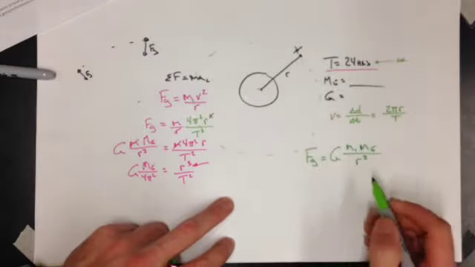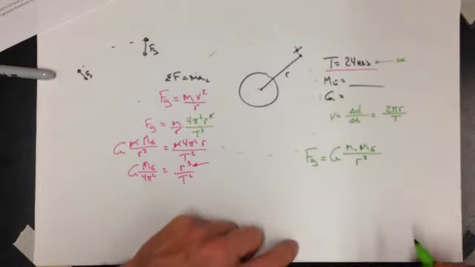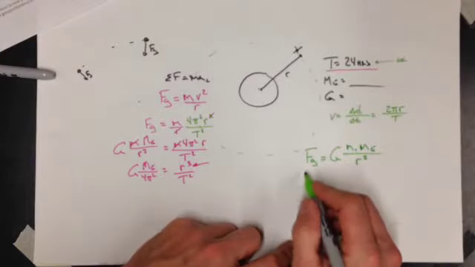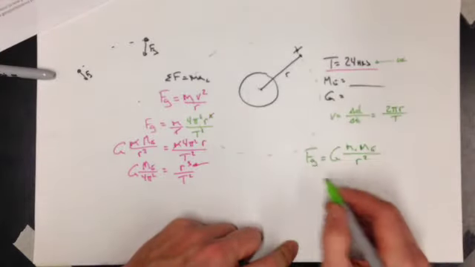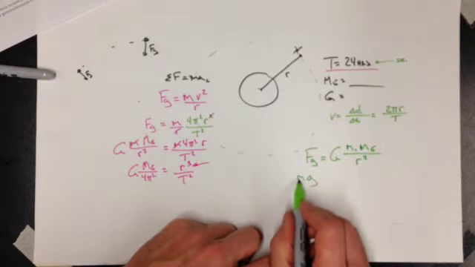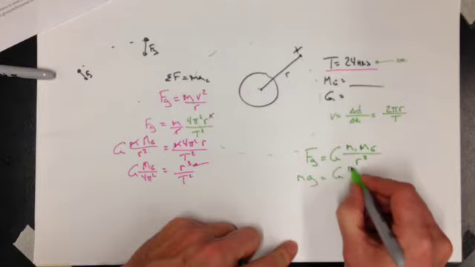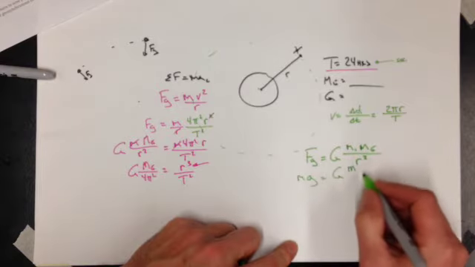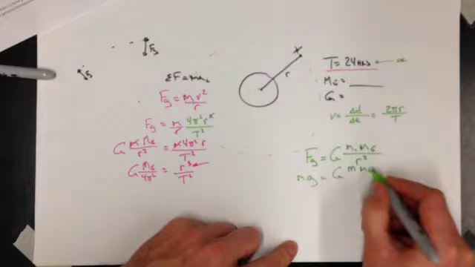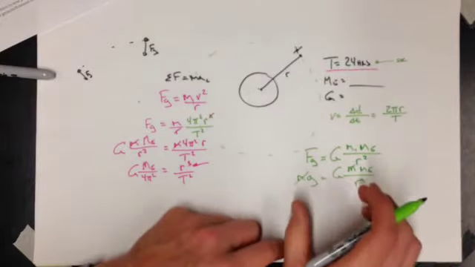I could call it d squared, but because I have been dealing with a circular path, it's easier to look at it in terms of radius. But it is the distance from center of mass to center of mass. So in this case I'm trying to find this g. So I have mg is then equal to G m of that object, M_E over r squared. It's independent of what that object is.